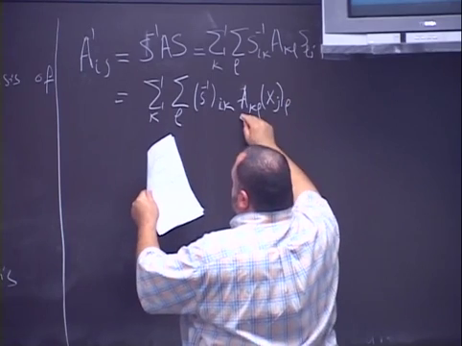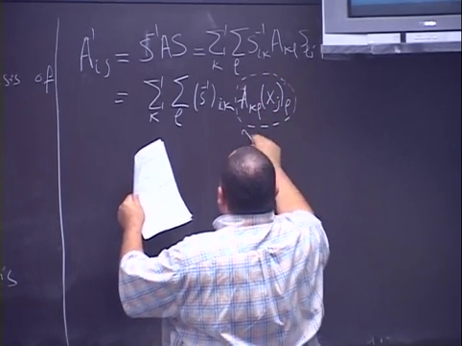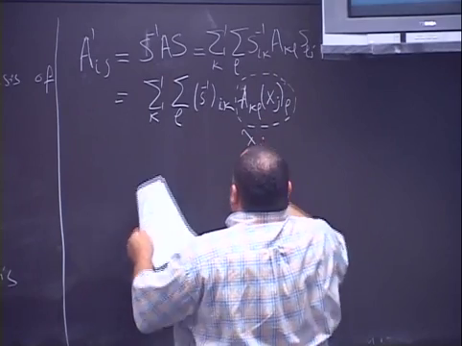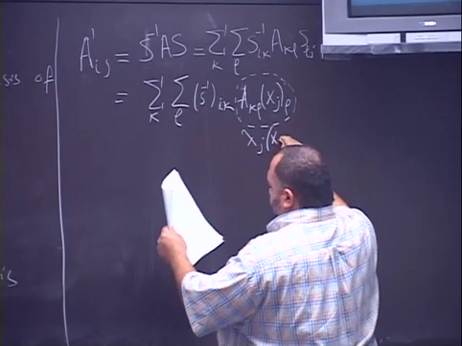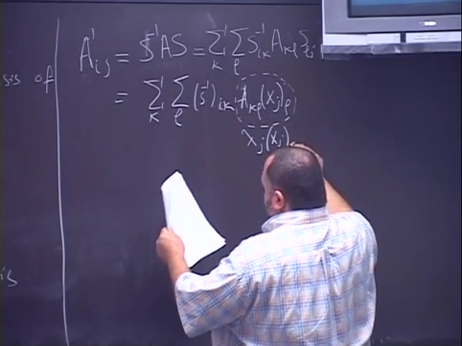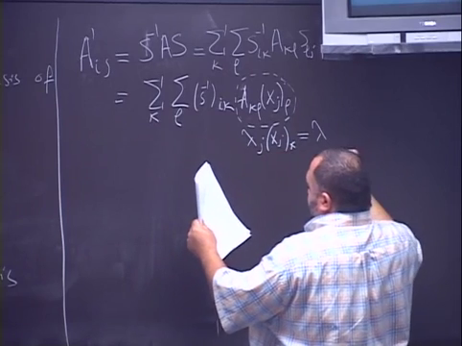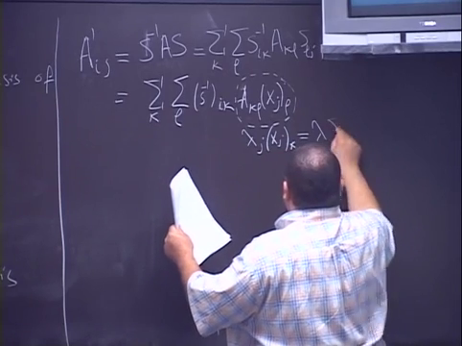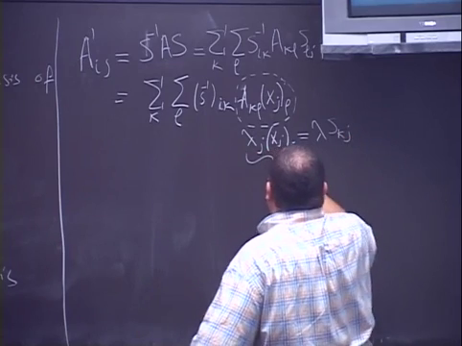And what's this? This is just lambda sub j from the eigenvalue problem, lambda sub j x j sub k, and again this is lambda multiplied by s k j.